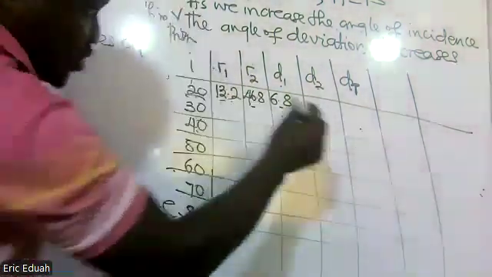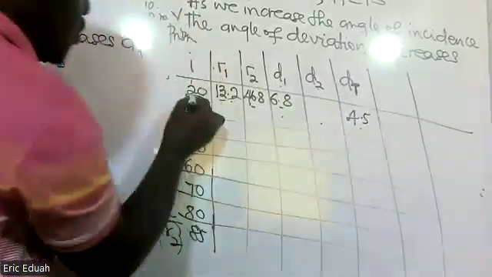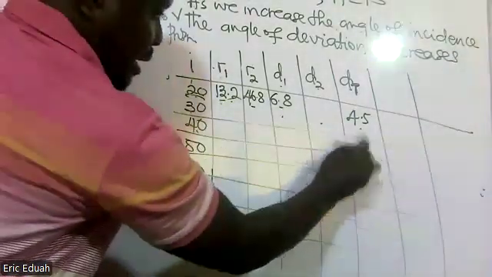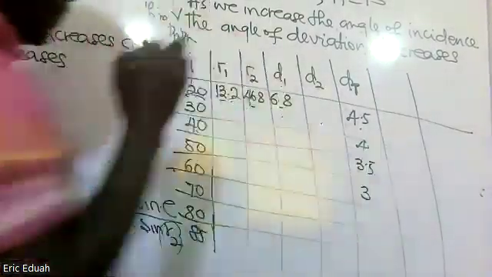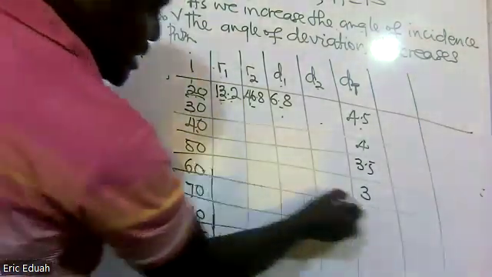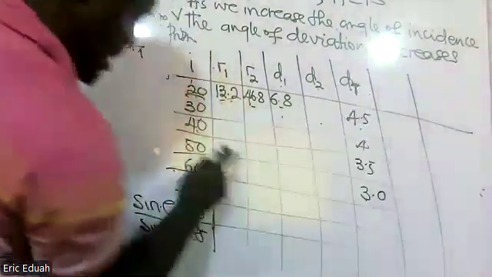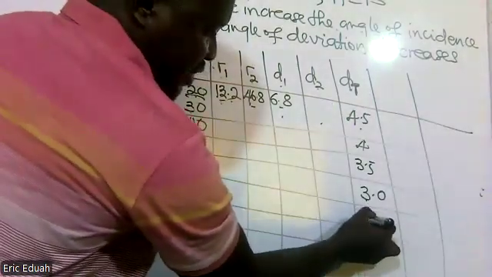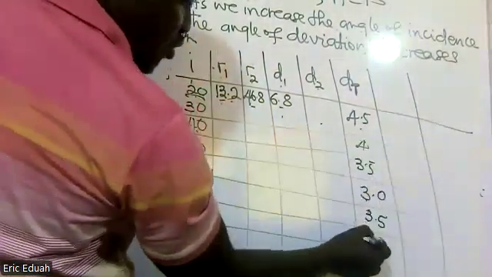But this decrease, let's assume this is 4.5. So as I increases, you realize this will be 4. I'm only creating values. Then 3.5, then 3. Now, at a particular angle of incidence, instead of D total continuing to decrease as we increase I, no. You realize that the trend will change. Instead of D decreasing, it will be increasing.